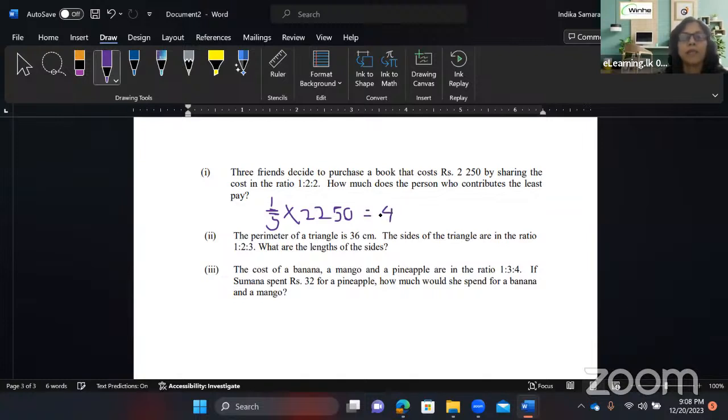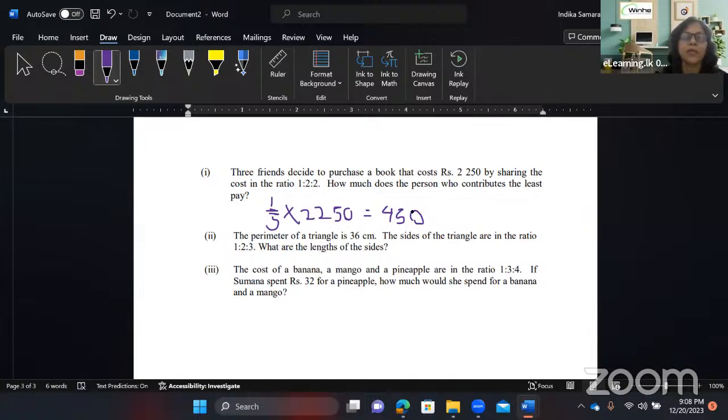If you divide 2,250 by 5, the least pay is 450. Right. Do the next one.